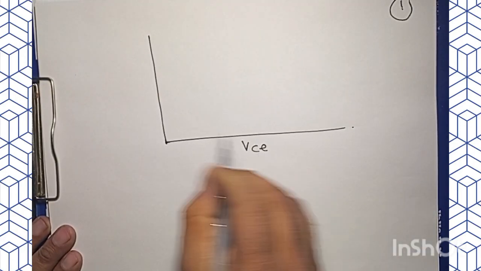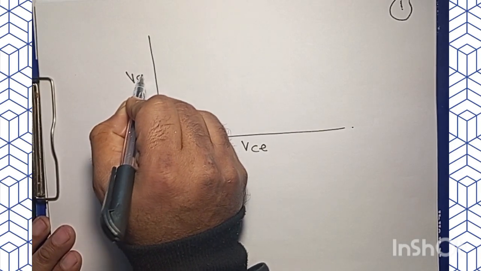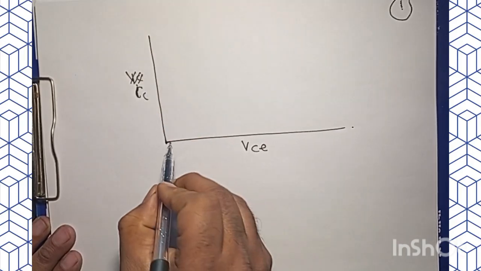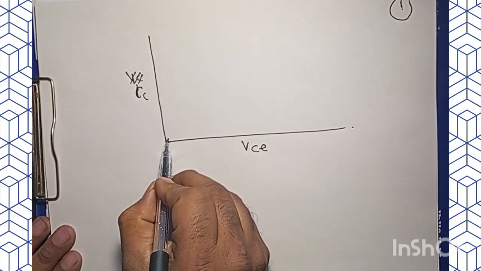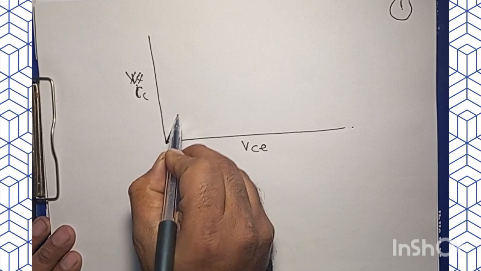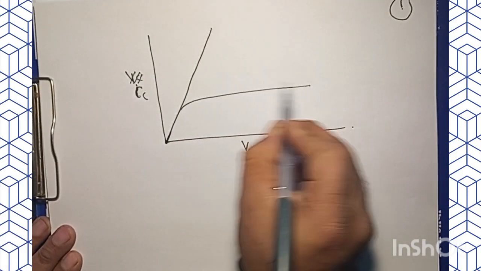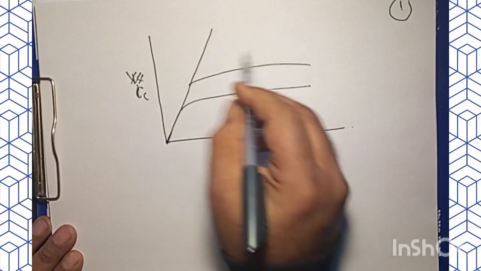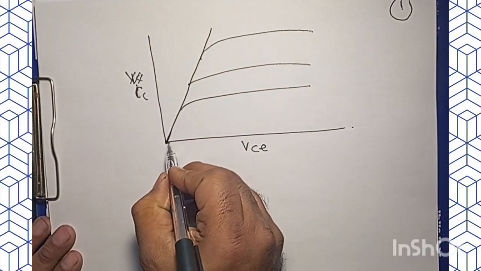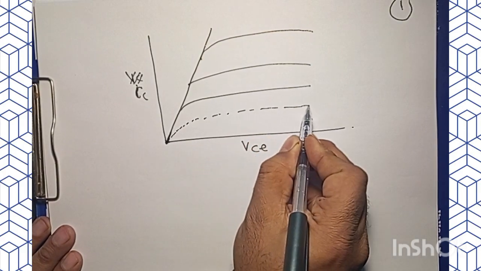This is VCE, and this is IC. Then we have the output characteristics like this. Okay, so let me choose a dotted line for IB equal to 0.